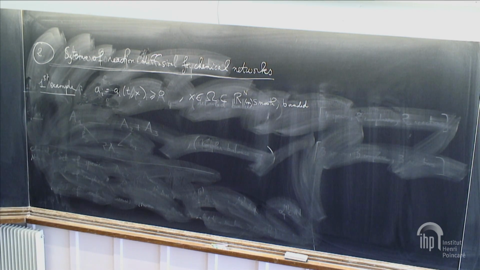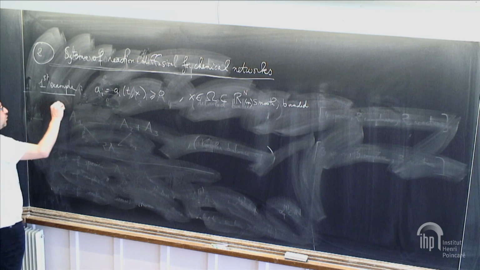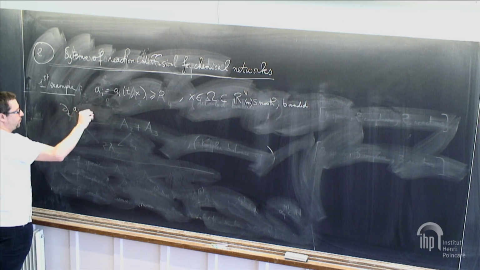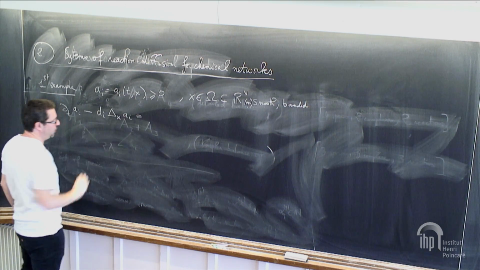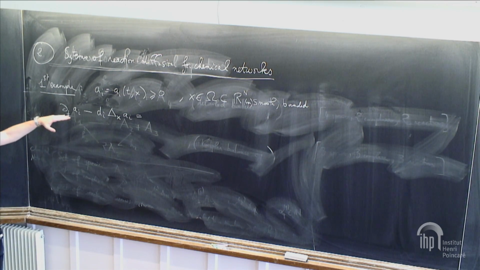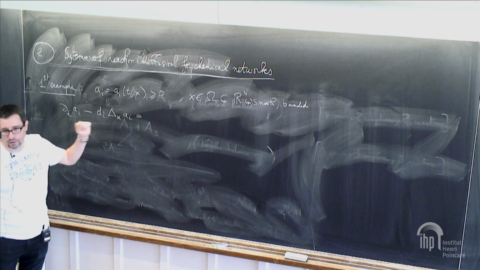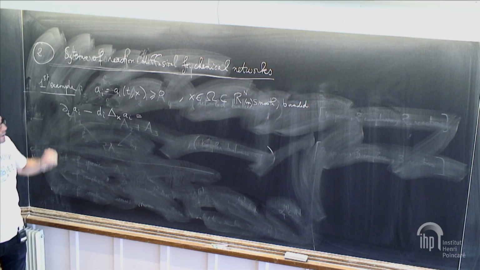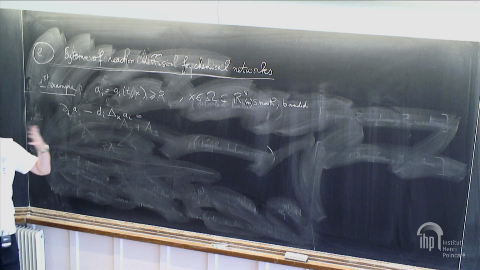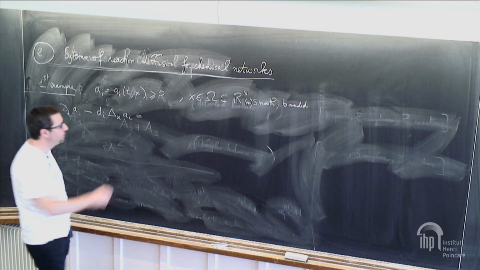And Ai will satisfy a reaction diffusion equation in which we take into account the Brownian motion for the molecules of the species Ai in this way. So d_i will be a strictly positive constant here.